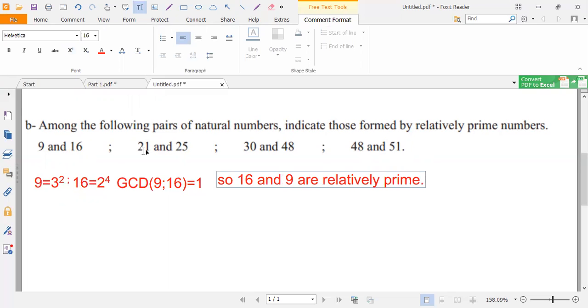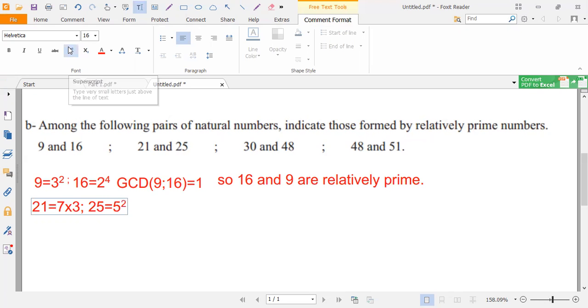Now look at 21 and 25. We know that 21 is equal to 7 times 3. We can know it directly. If we don't know, they are small numbers, so they are easy, and we can do the tree method. And 25 is equal to 5 to the power 2.